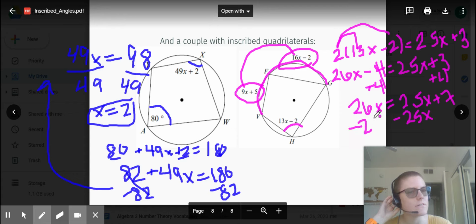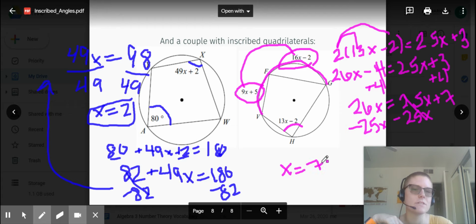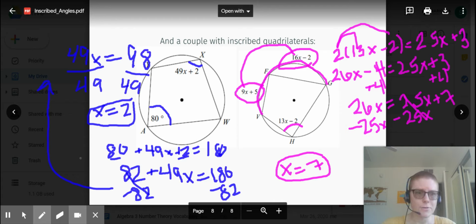If we had 26 and we take 25 of them away, it leaves just 1x. And on the other side, we have just 7. So we're done. I'm sure that there are other ways you could solve that problem, but that's the easiest way, I think. So hopefully this is helpful for you guys.